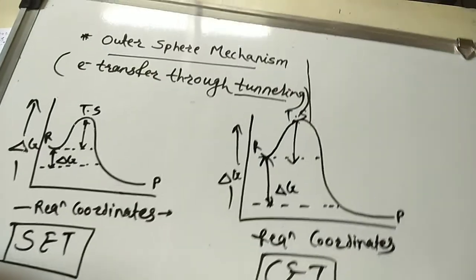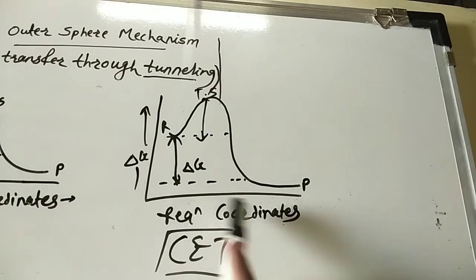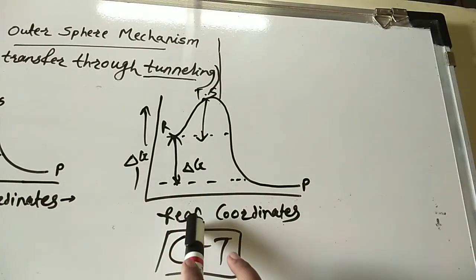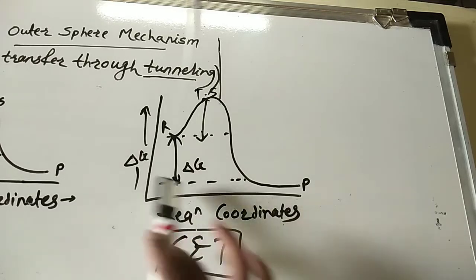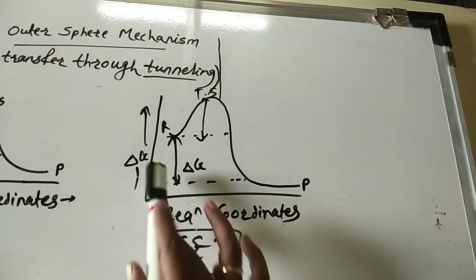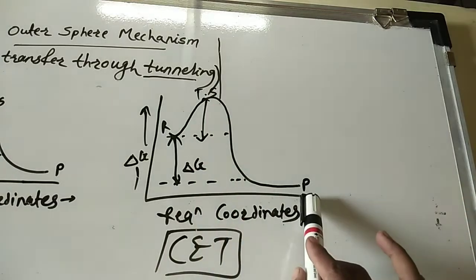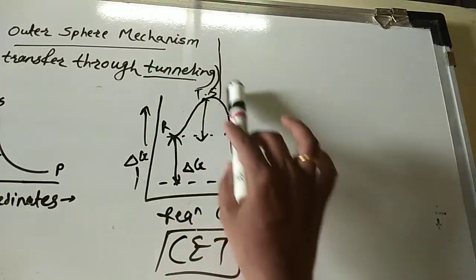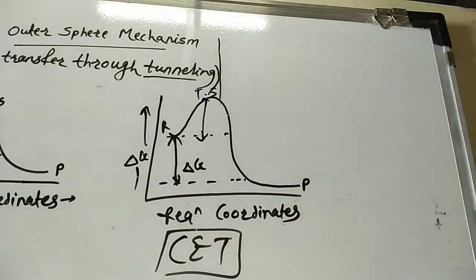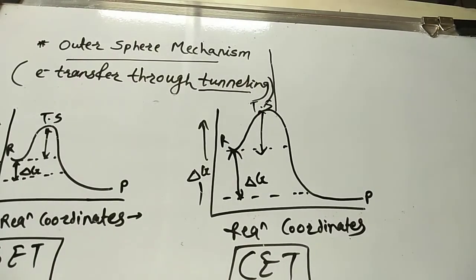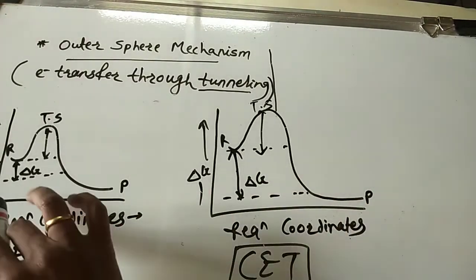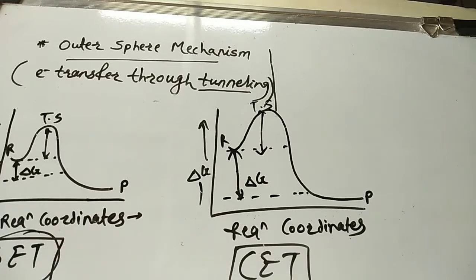So let us focus on CET. Here also we plot a graph of reaction coordinate versus delta G. Again the reactant gets converted into product via a transition state. But in this particular case, the delta G value is maximum as compared to that of the SET.